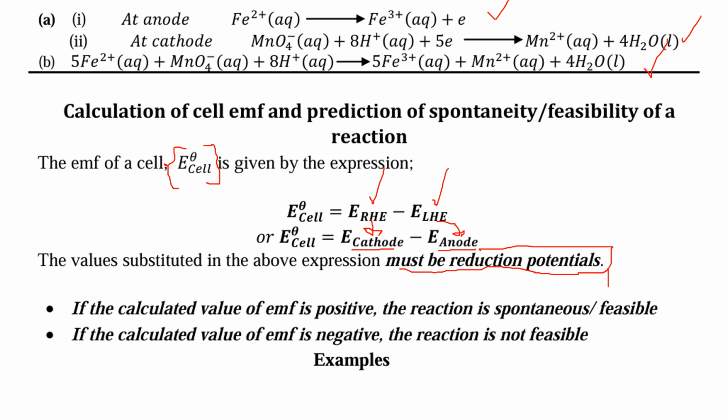If the calculated value of the EMF is positive, the reaction is feasible or spontaneous. But if it's negative, the reaction is not feasible or not spontaneous. Now let's look at examples under that.